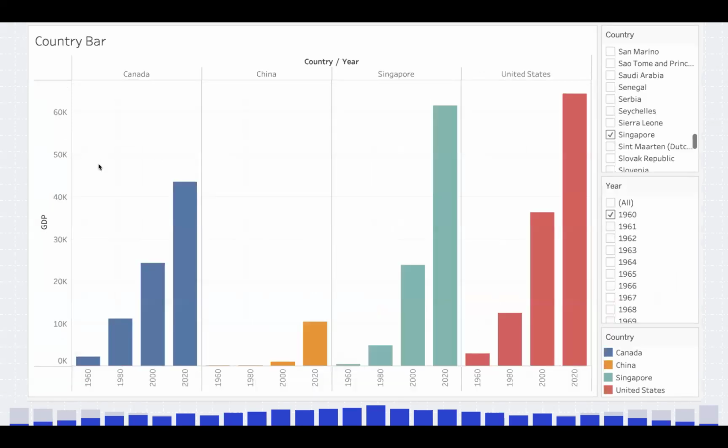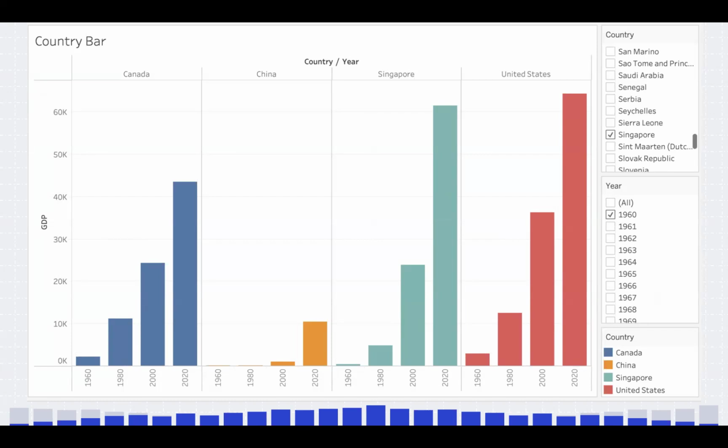The next visualization is a bar chart that allows you to select specific years and countries to compare their GDP per capita. This feature enables targeted economic analysis by focusing on specific countries and years. For example, comparing China, United States, Canada, and Singapore shows that there is significant growth in China in recent decades.